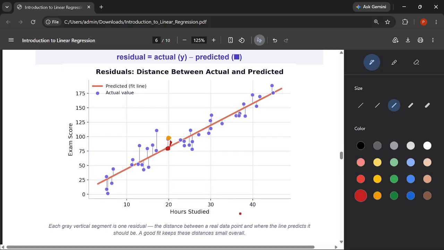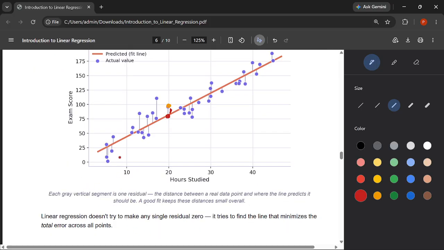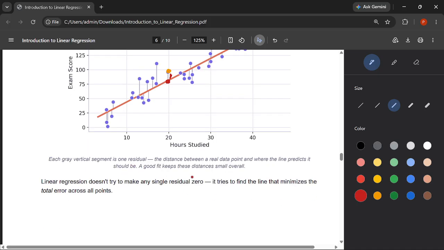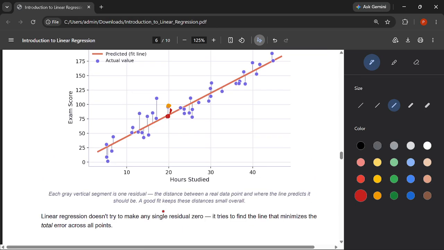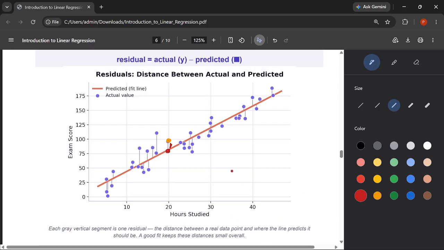You can see here that each gray vertical segment is one residual, or one error. It is the distance between the real data points and where the line predicts they should be. A good fit keeps this distance small overall. So while creating or training the model, we have to keep in mind that we must minimize these mistakes, the gaps between the actual values and the predicted values.